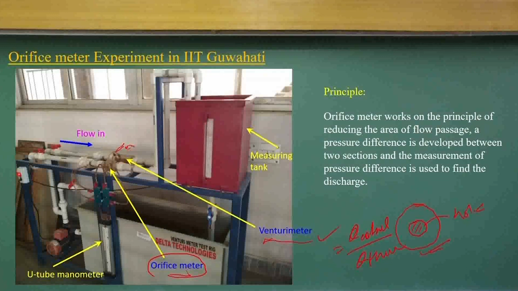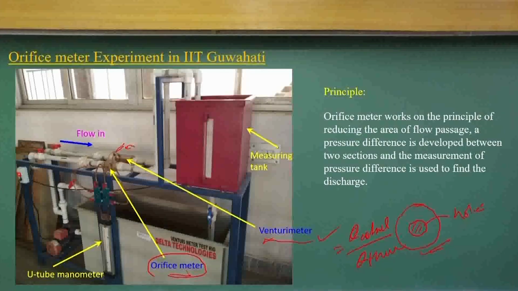If you look at the device where we have a setup of venturi meters and orifice meters, basically in venturi meters we have converging zones and diverging zones, and in the orifice we do not have converging or divergent zones, but we just incorporate a plate with a hole, with an internal hole like this.